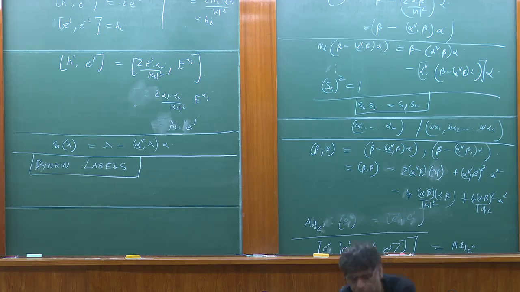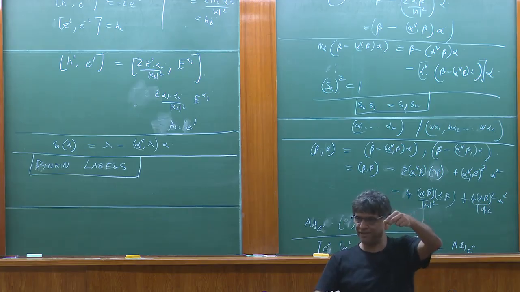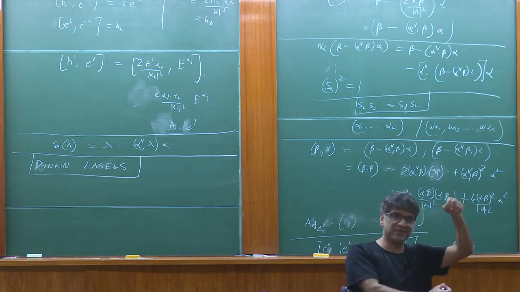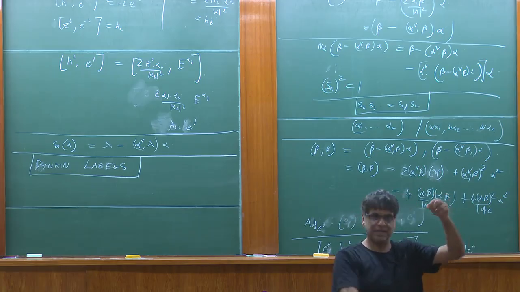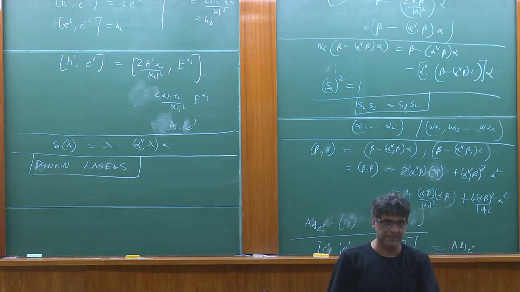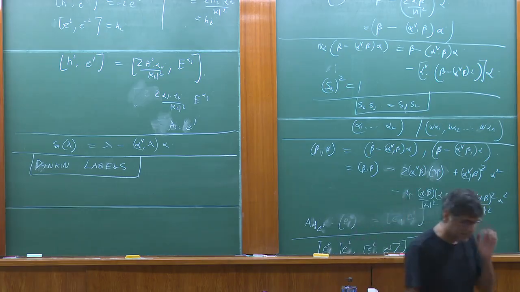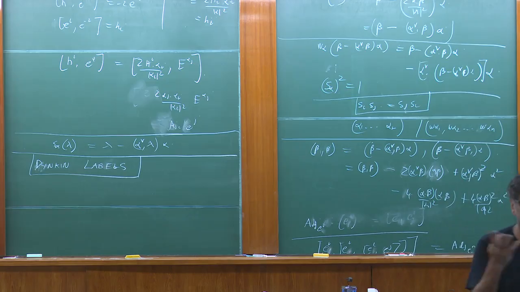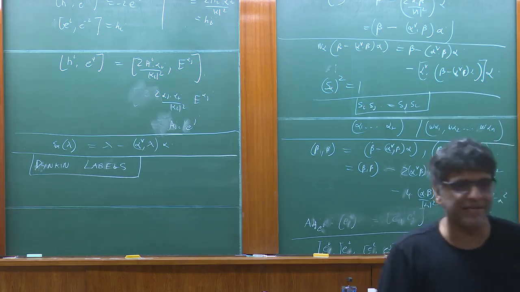You can reflect a root with respect to alpha i, and then reflect that reflection with respect to some other alpha, and so on. Yes, the Weyl group is in general a complicated group.